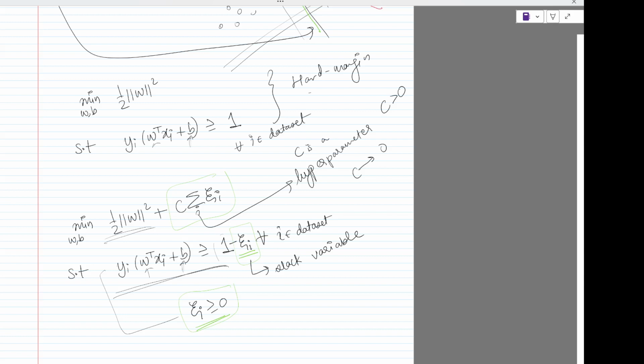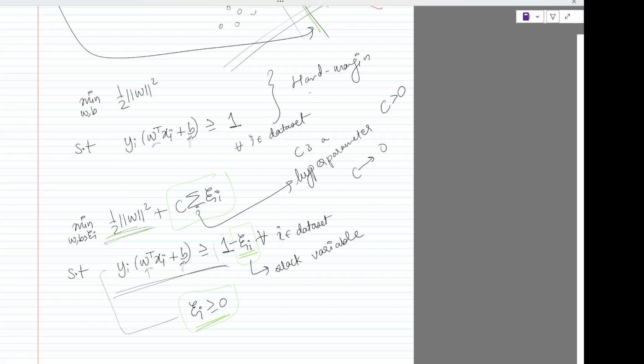Magnitude of margin we want to minimize, same as before, and you have one more parameter.